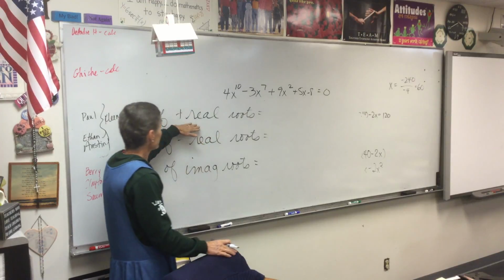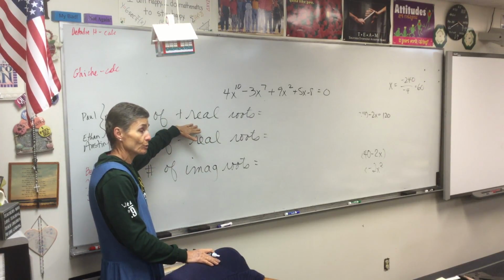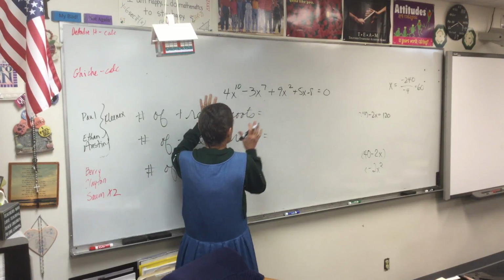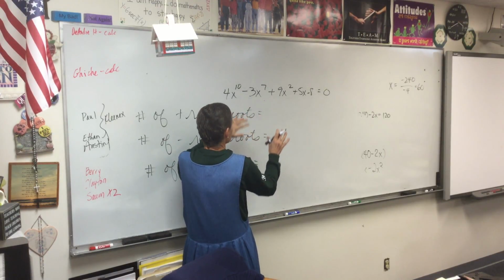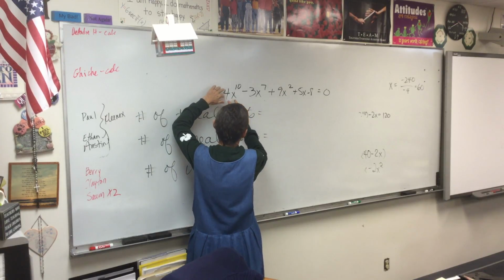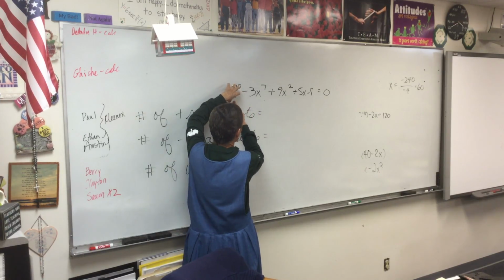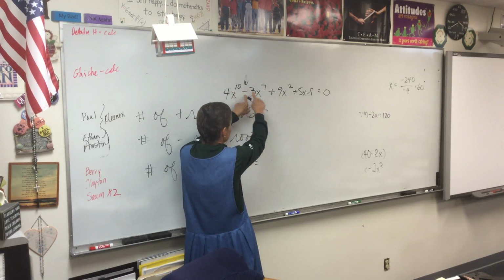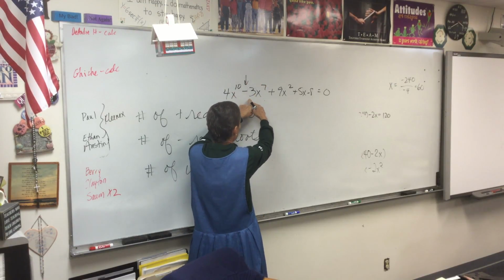So, to find the number of positive real roots, you simply look at your problem and you count the times the sign changes. So what I mean by that is, this term is positive. This term is negative, so that's a change. I went from positive to negative. Uh-oh, what happened?